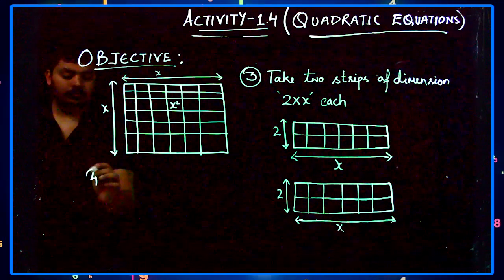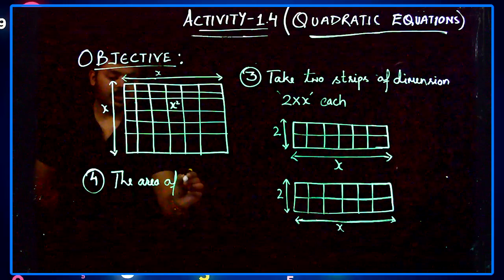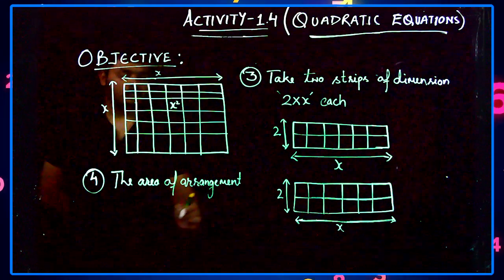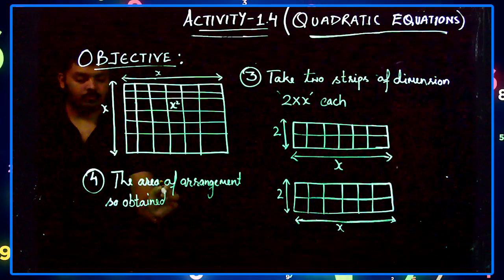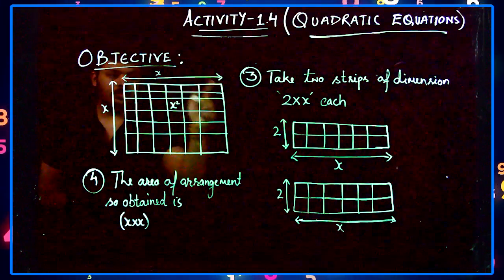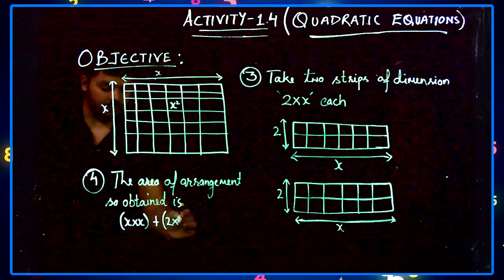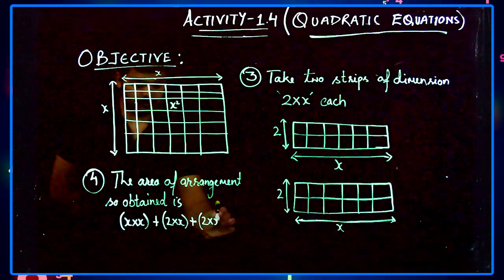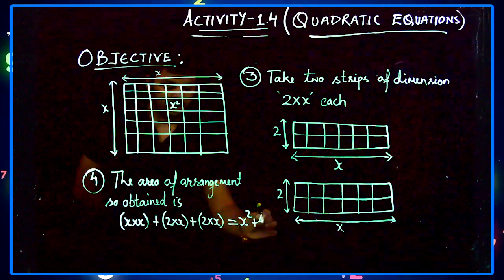So the area of the arrangement so obtained is x into x, that is x square for the square grid, plus 2 strips, 2 into x plus 2 into x, which is equal to x square plus 4x.